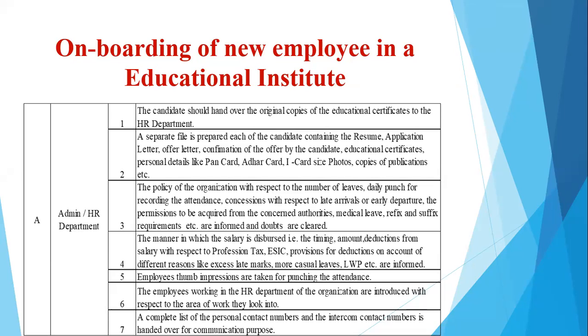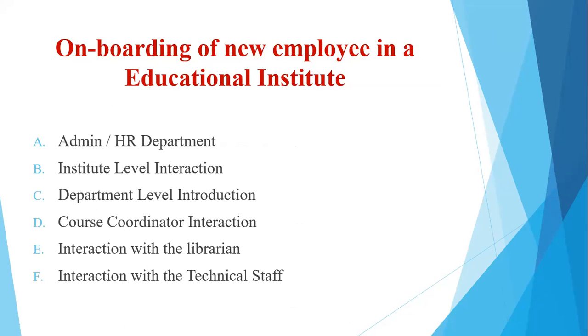That's where he is introduced to the entire HR department, and a complete list of personal contact numbers and intercom contact numbers is handed over. Nowadays it's WhatsApp, so that's handed over for communication purposes, and the new employee will be added to the WhatsApp group as such. So this is with respect to the first department, that is admin or HR department.